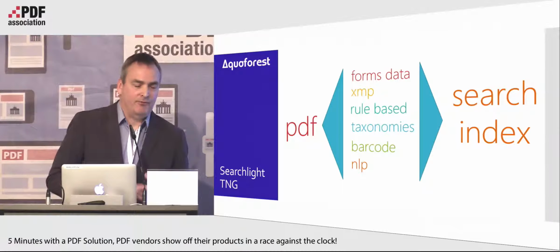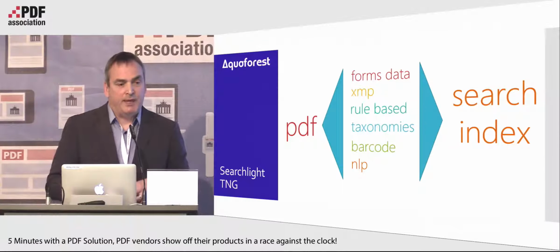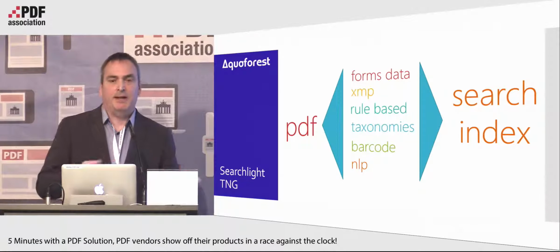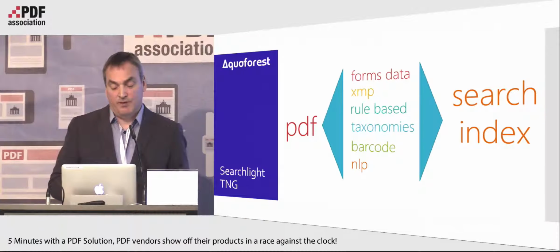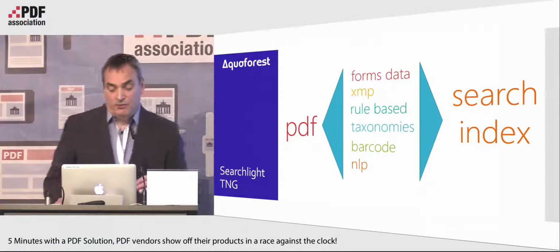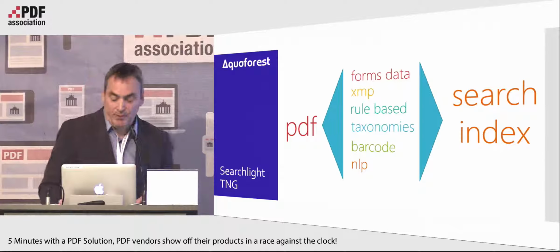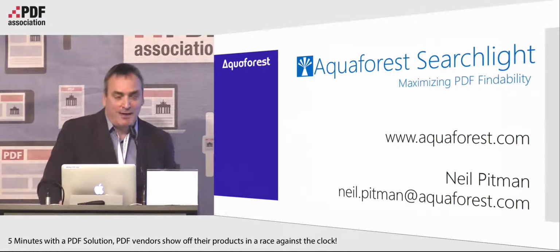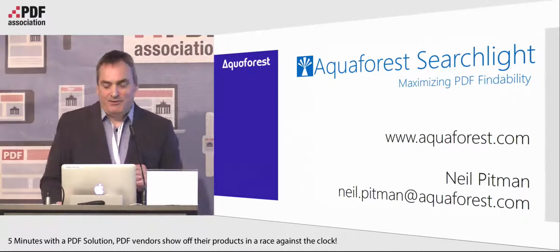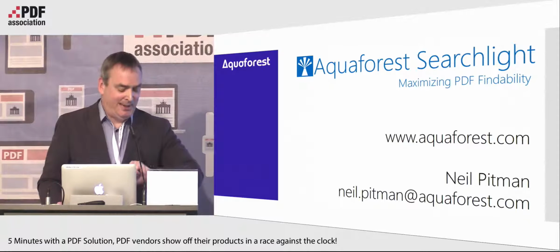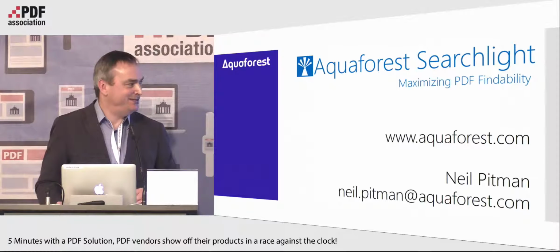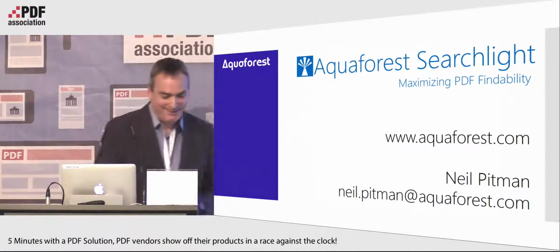So it can identify, for example, people's names, locations, and a variety of other attributes that we can then map to particular columns in the search index. So we believe by making this automated and as easy as possible for people, we can truly dramatically improve the findability of PDFs. And ahead of schedule, so thanks for listening.